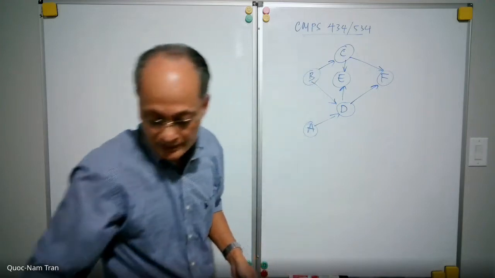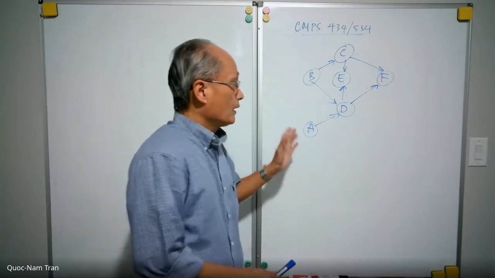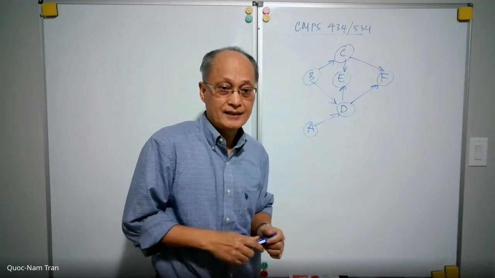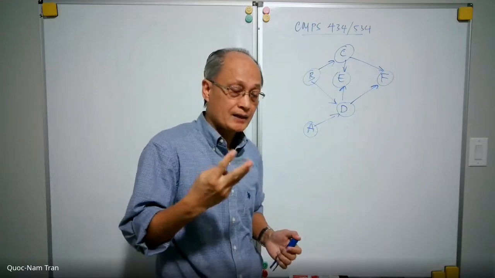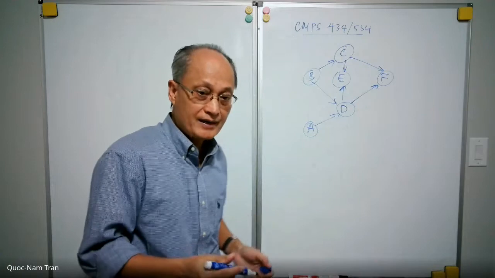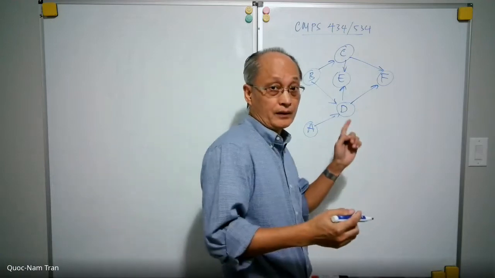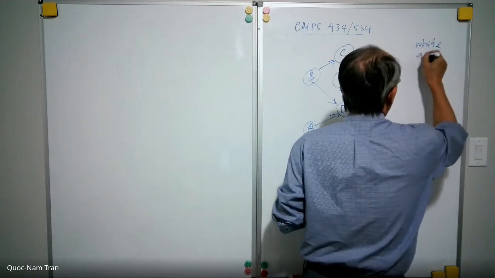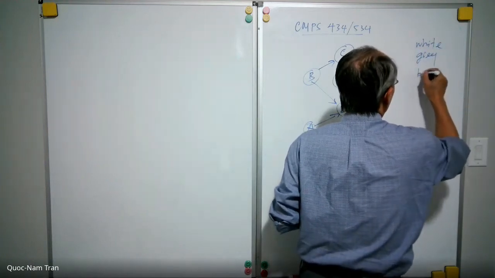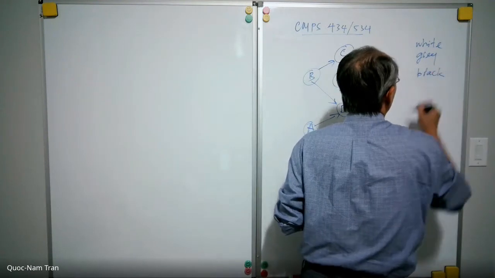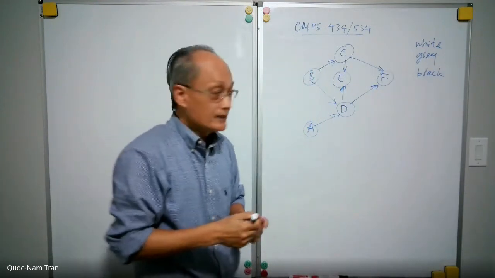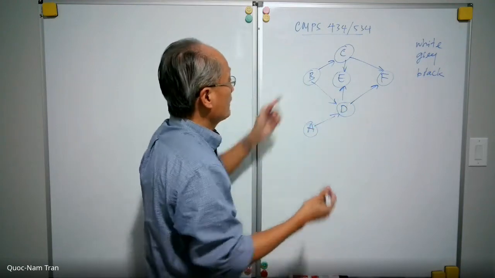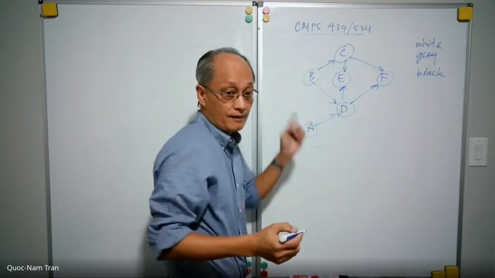Okay, so the algorithm will start with coloring all of the nodes white. We choose three colors, white, gray, and black, to color the nodes. And at the beginning we color all of them white.